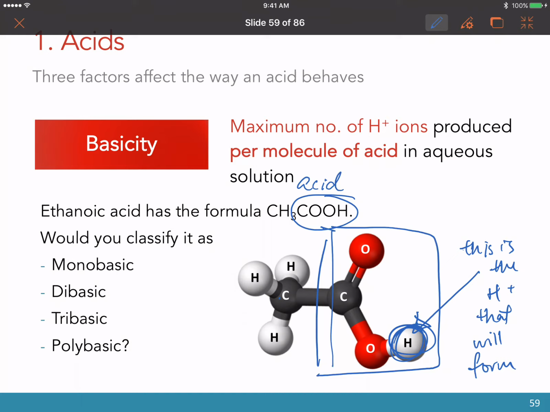So in the exam, if I give you a structure of an organic compound, you must be able to tell me how many hydrogen ions are dissociated. For that, you need to look out for the number of COOH groups. For instance, let's say I have this organic compound.